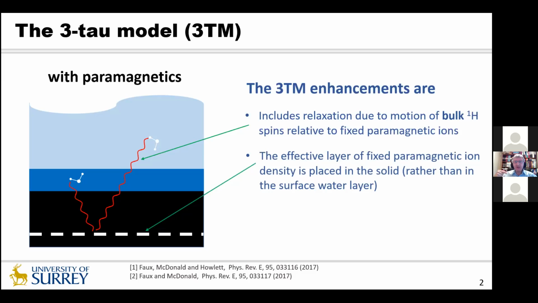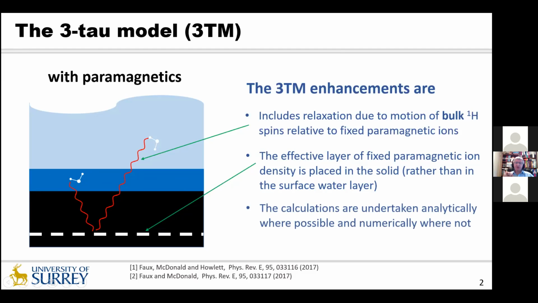The second thing we do is to place the effective layer of paramagnetic ion density actually within the solid itself. In the Korb models, that layer, quite reasonably, is placed in this blue surface layer right here, aligned with the surface layer water, arguing that it's the surface paramagnetic ions that are critical to the relaxation, and it's those at the surface which are most important.